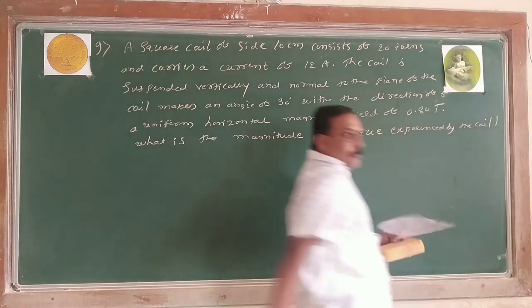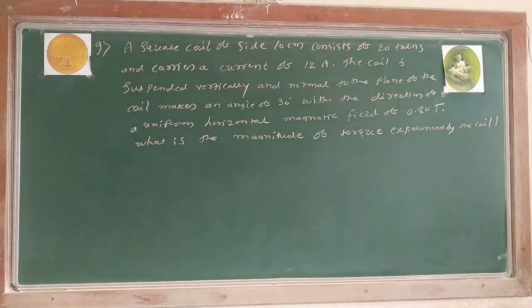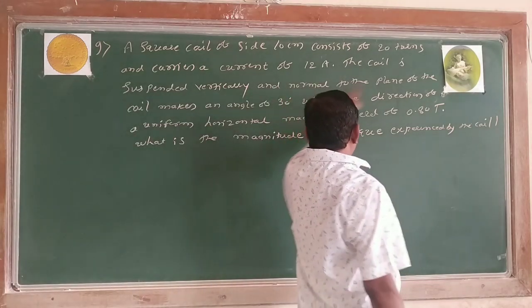Look at it once completely. A square coil of side 10 centimeter consists of 20 turns and carries a current of 12 ampere. The coil is suspended vertically and normal to the plane of the coil. When the sentence mentions normal, this is nothing but alpha is given.